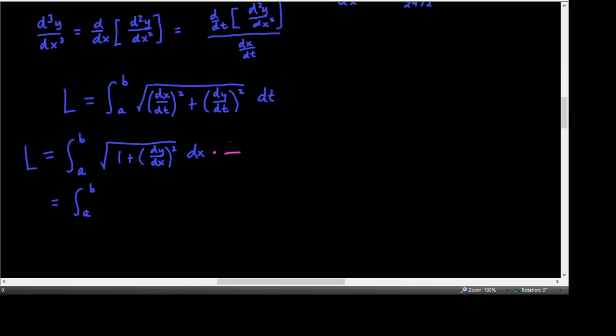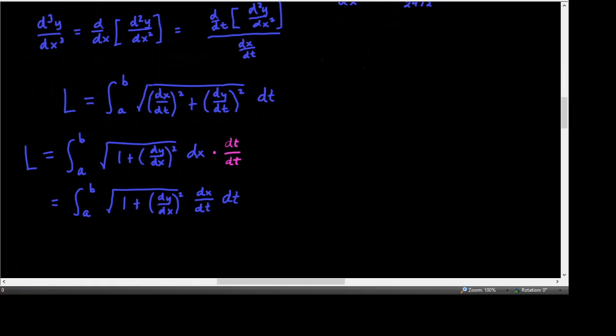I'm going to multiply by this form of 1, dt over dt. Then I'm going to change this into the same thing as what I have above, but in a different form. I'm going to make this dx dt, so I pull that dt in the denominator over, times dt.